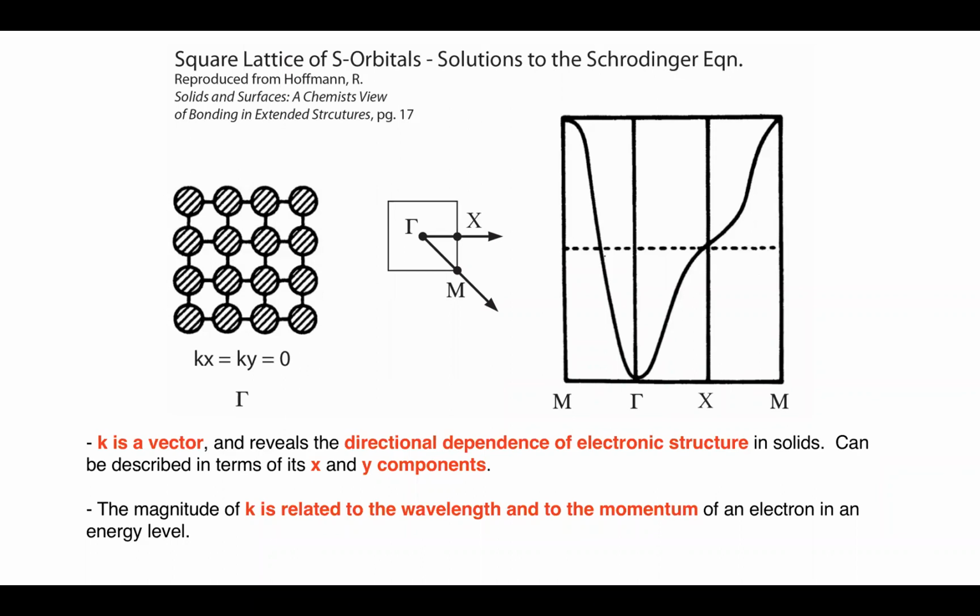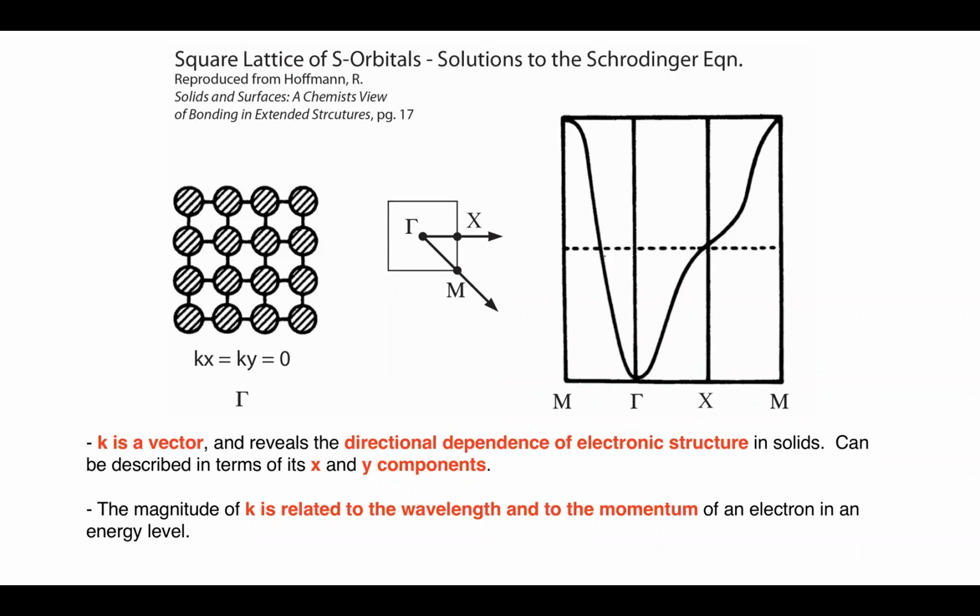One of them is where K is 0, both in the X and Y direction. So this is a vector that doesn't point, it just is represented this way. This is the gamma point where Kx and Ky are both equal to 0. There's no directionality. In that case, if we take this basis function as sort of our origin, when we go along the X direction, you'll see no change in sign.